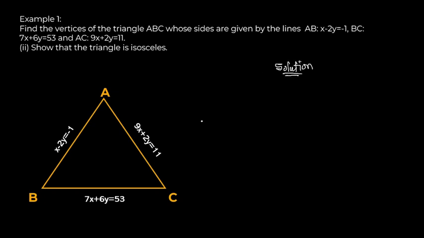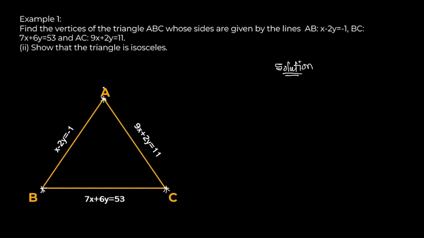Now, from the diagram we have over here, this diagram shows the three lines that came together to form the triangle. Now, the vertices over here, points A, B, and C, in order for us to find these vertices, we need to solve the equations of two lines that cross each other to form that particular vertex.